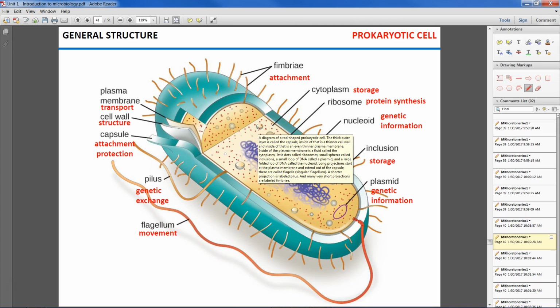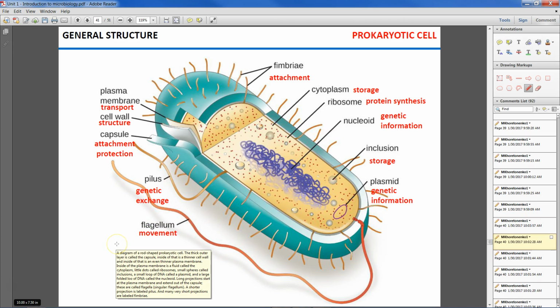All prokaryotic cells have 4 structures. It's okay. So 4 structures that each prokaryotic cell has. Come on. Not the wall. Not the wall. Membrane. I understand what you're saying. Not the wall. Membrane, yes.